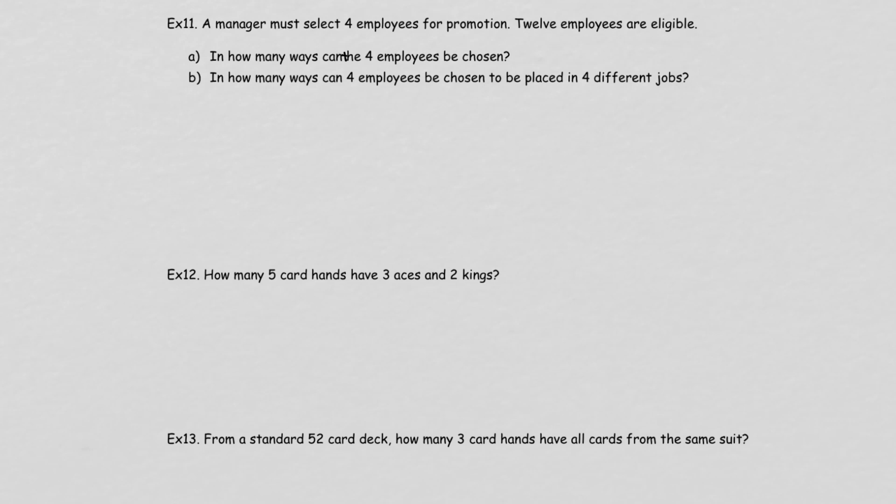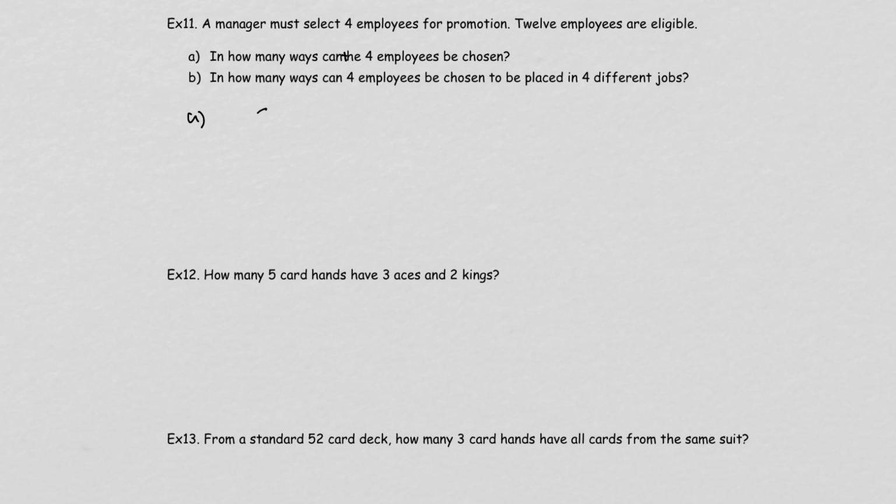Example 11: a manager must select 4 employees for promotions and 12 employees are eligible. In how many ways can 4 employees be chosen, right? So you're picking groups of 4. Since you're picking groups of 4, order is not going to matter.